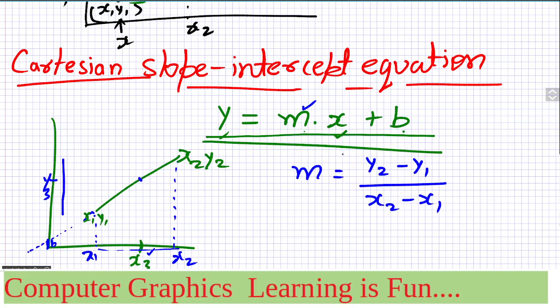Having this information, you understand that this is the perpendicular and this is the base.